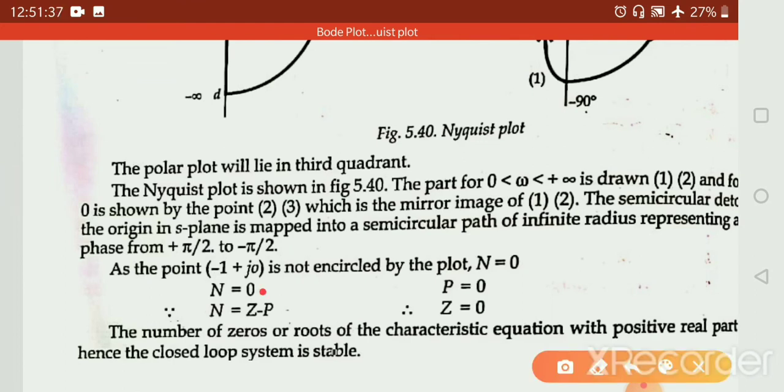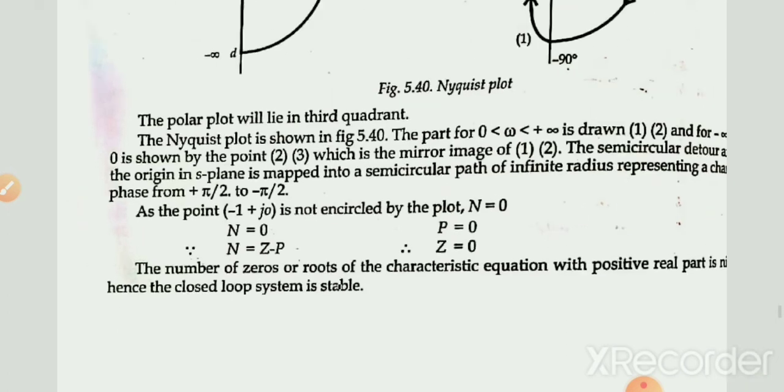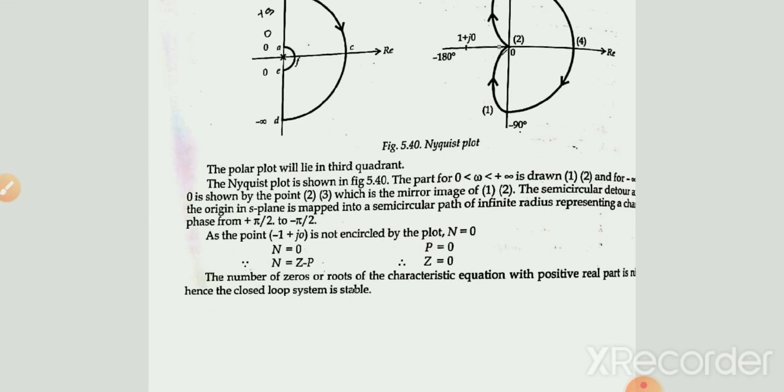And we have the number of poles equal to 0, because there are no poles on the right hand side. If we find Z, it is also 0, so the number of roots of the characteristic equation with positive real part is 0, so this closed loop is stable.